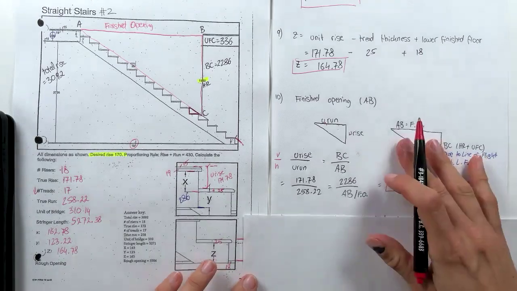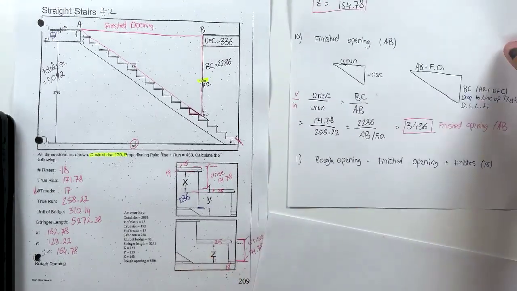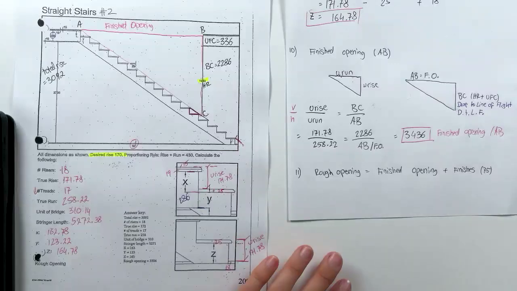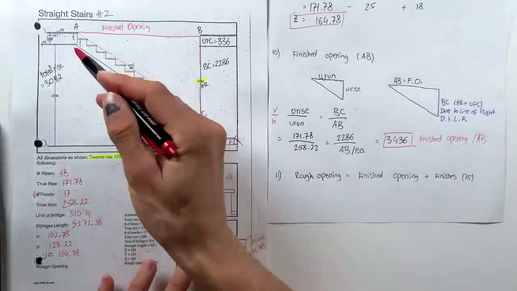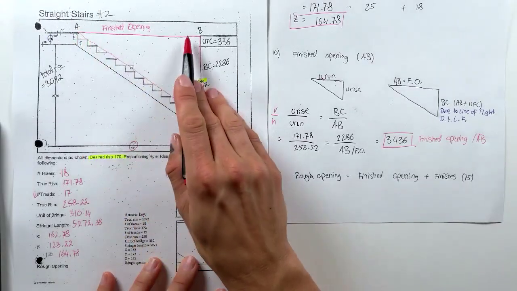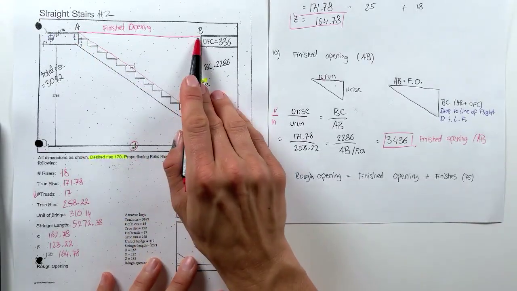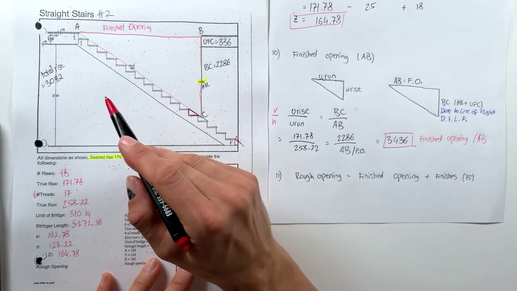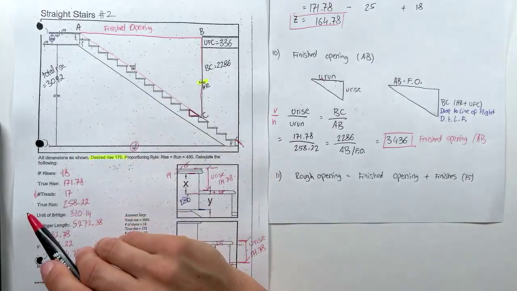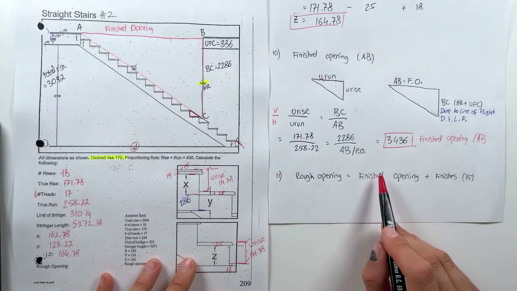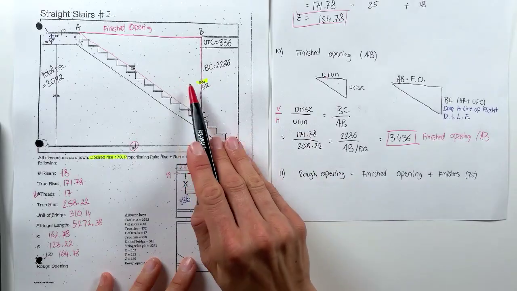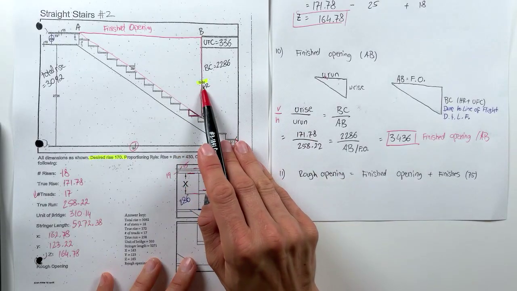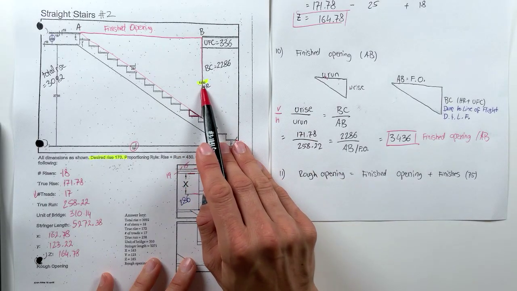Okie dokie. Well, that gives us the finished opening. How about the rough opening? If you think about it, the finished opening is from the inside of your nosing to the inside of your drywall. But when we go to frame out our stairs, if we make it to the size of the finished opening, our headroom requirement isn't going to work because it's going to be too small. And if we deal with the headroom minimum, then we might get in trouble with the inspector.